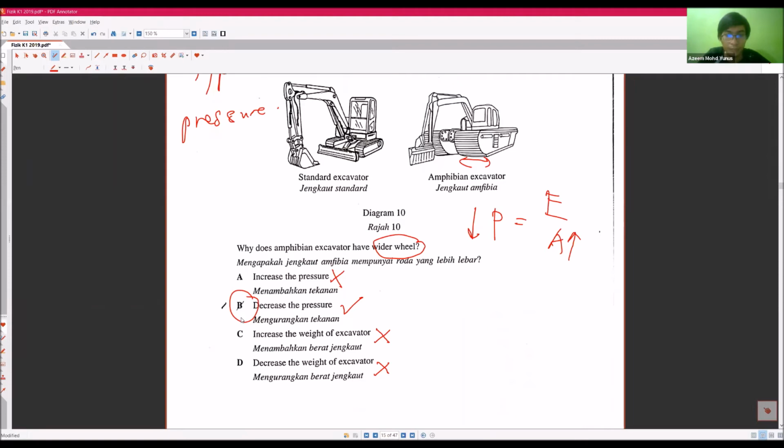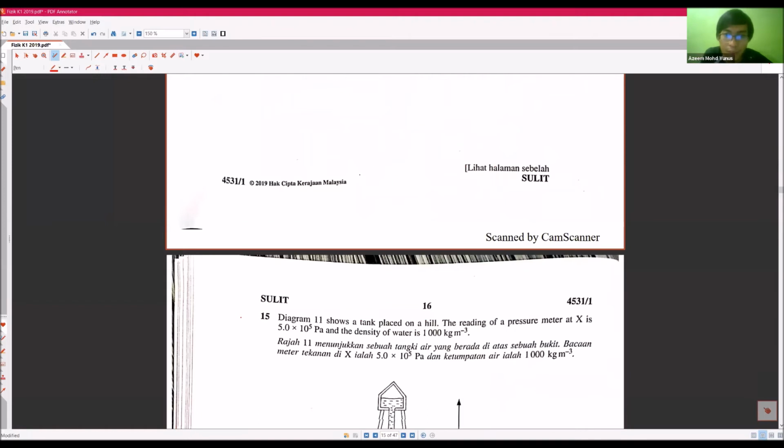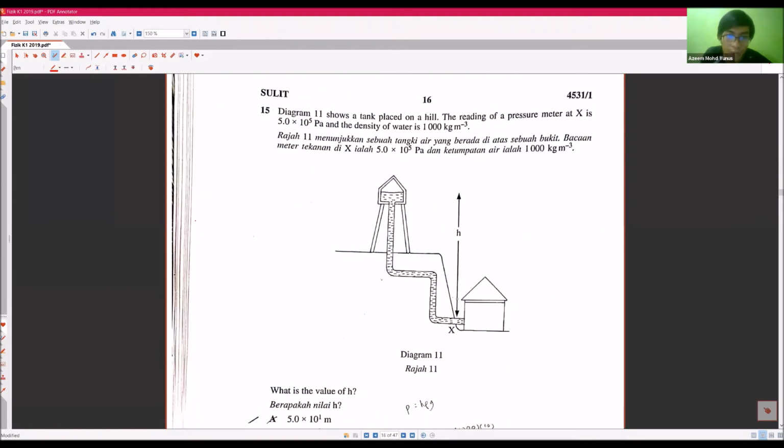Number 15. Diagram 11 shows a tank placed on a hill. So this is force and pressure in liquid. The reading of a pressure meter at X is 5.0 times 10 to the power of 5 Pascal, and the density of water is 1000 kilogram per meter cube. What is the value of H? So this is again pressure in liquid.